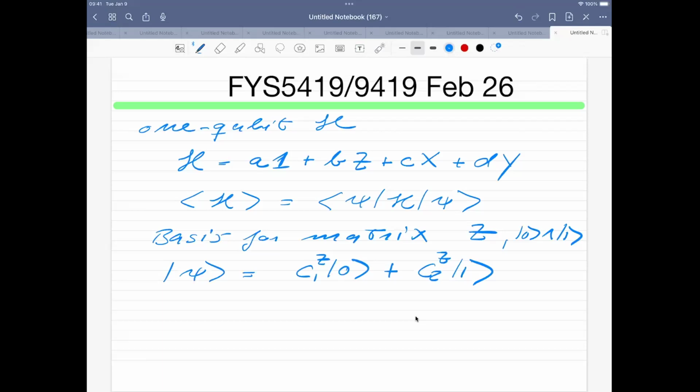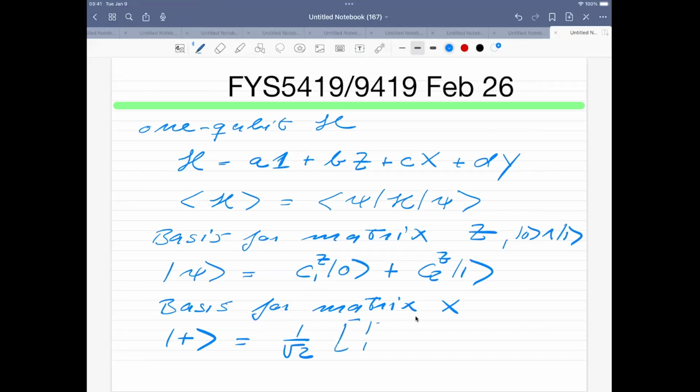So if you remember one of the exercises we had the first week, we could now choose the eigenbasis for the matrix X. So if I do that, then I have to be a little bit more careful because 0 and 1 are not eigenstates of Z, but I would have a linear combination, which then is simply 1 over square root of 2 times 0 plus 1.